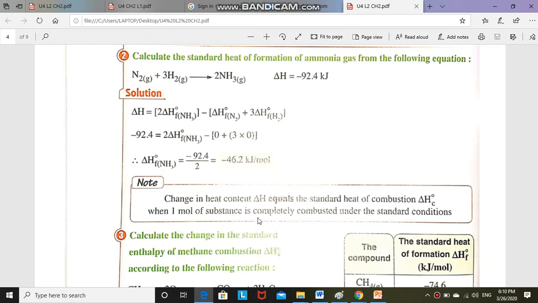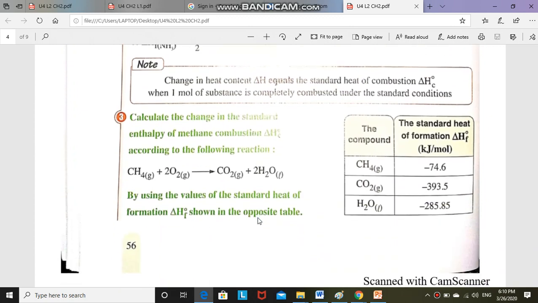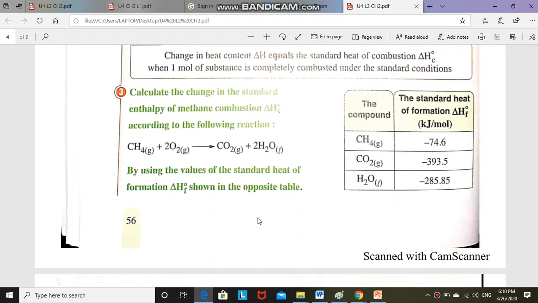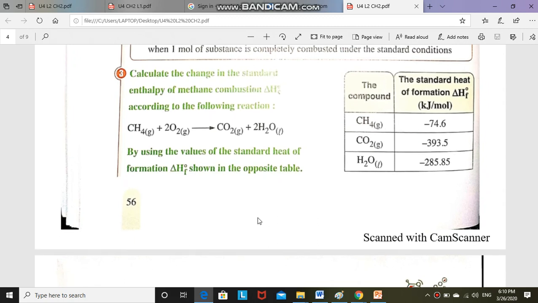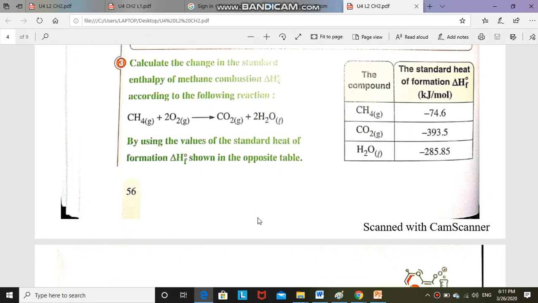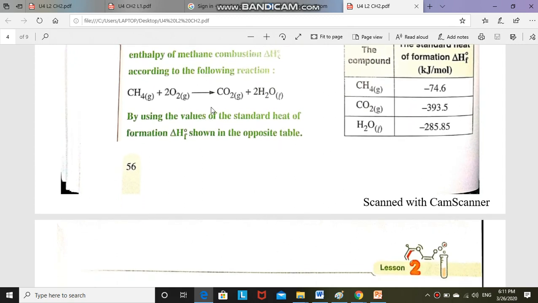We will continue with another example. Here we want to calculate the change in the standard enthalpy of methane combustion according to the following reaction. We have methane CH4 plus 2 oxygen giving 1 mole of carbon dioxide gas and 2 moles of water.